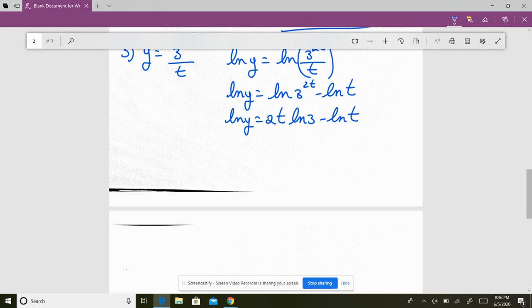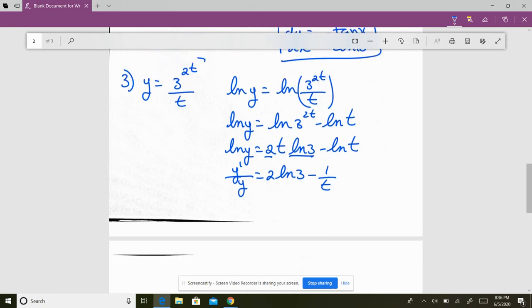The derivative of natural log of y is y prime over y, which is equal to the derivative of 2t natural log of 3. Natural log of 3 is a constant, the derivative of t is 1, so it just becomes 2 natural log of 3, minus the derivative of natural log of t, which is 1 over t. Multiply the y up.